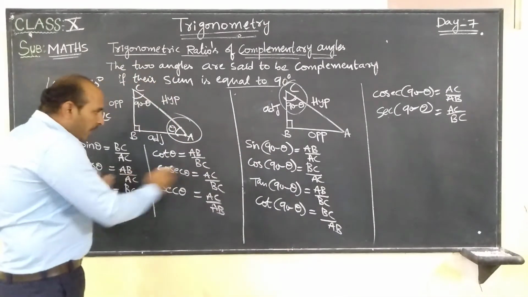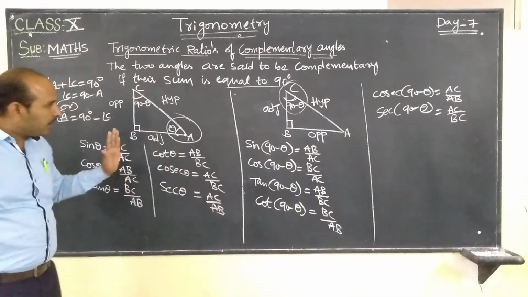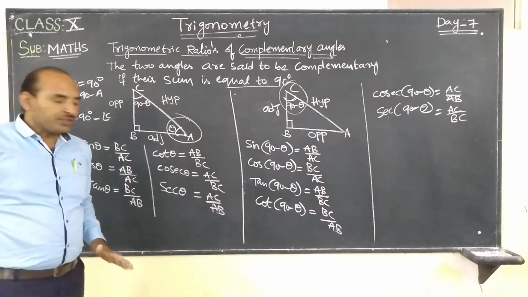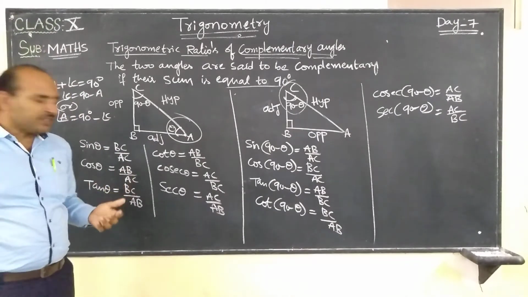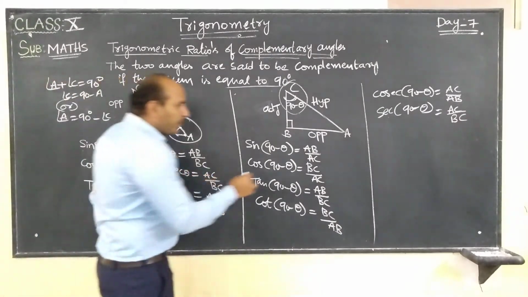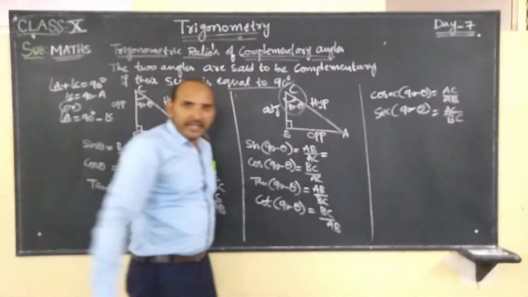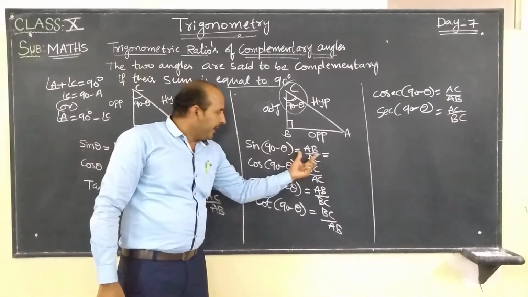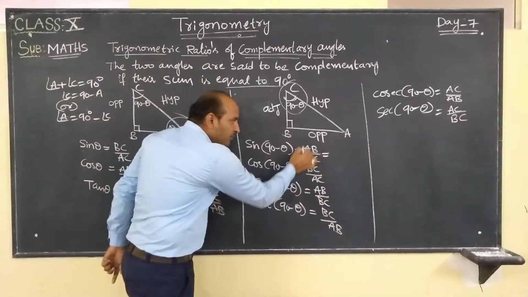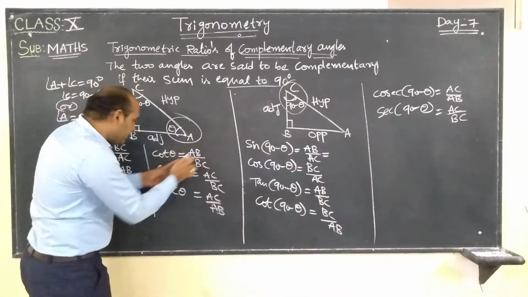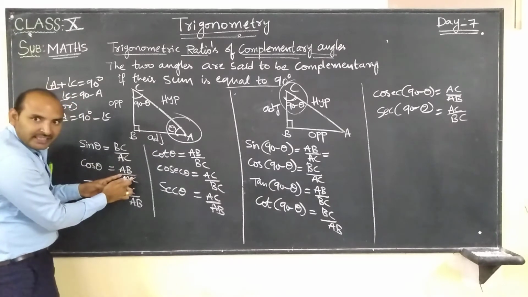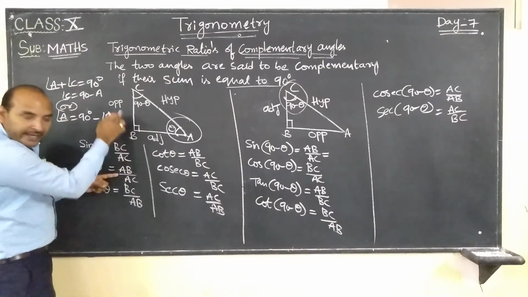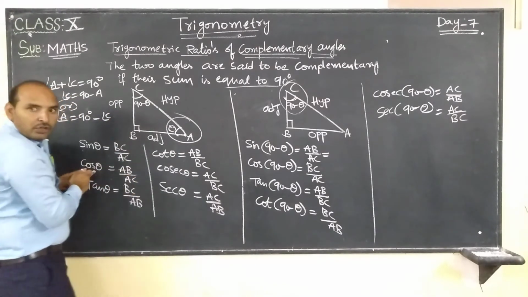So now comparing these two triangles' trigonometric ratios, what you observe: sine of 90 minus theta is equal to AB by AC. So what is actually AB by AC? According to this triangle, AB by AC is nothing but cos theta.